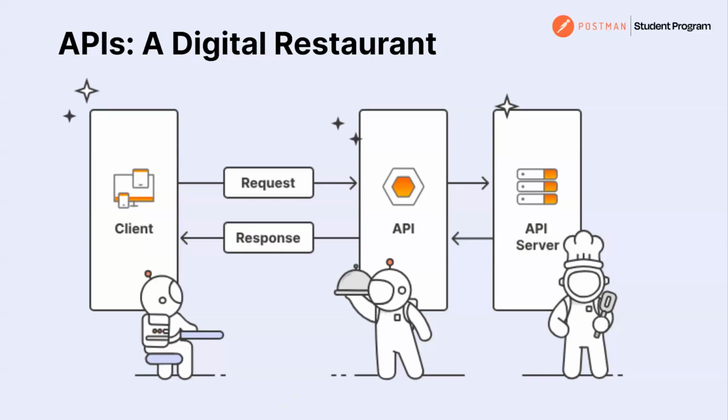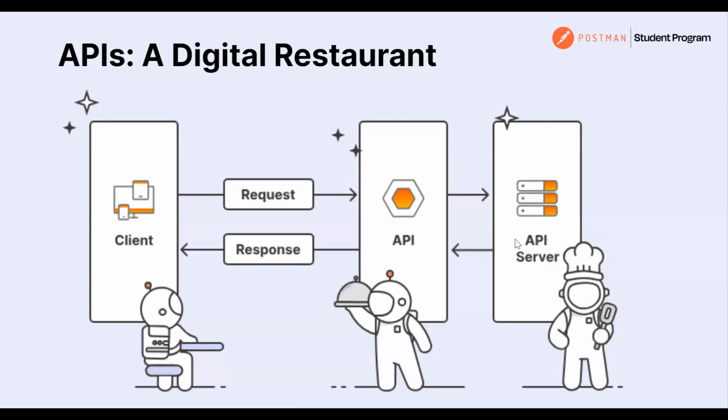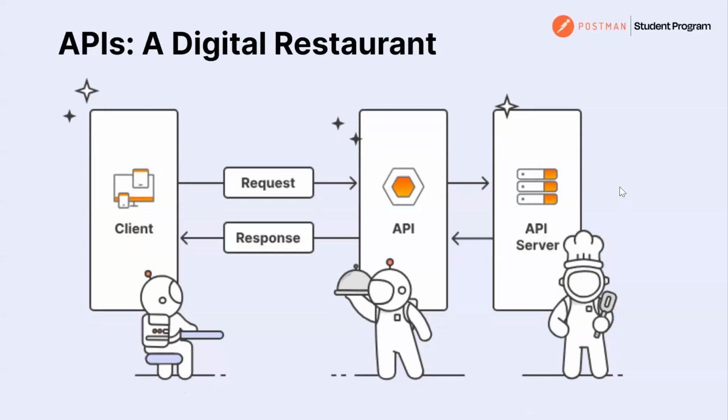We are the client in that restaurant, and the API is the mediator, and the server is basically the kitchen. So the waiter is the mediator between the server, which in our example is the kitchen, and us, the client.